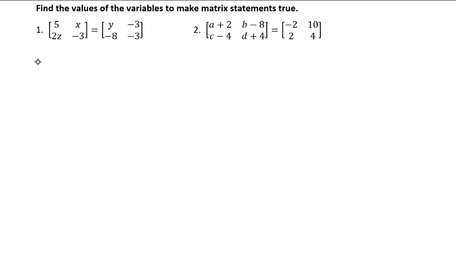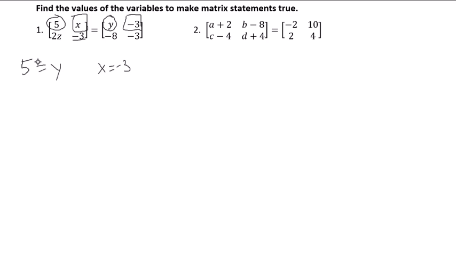All right, so with these examples, what we need to do is create equations so that the matrix statements remain true. So what we have right here is a 5 and a y, and they're in the same row, same column in both matrices. So we can set them equal to each other. So y equals 5. We have x here and -3 here, so that is x equals -3.